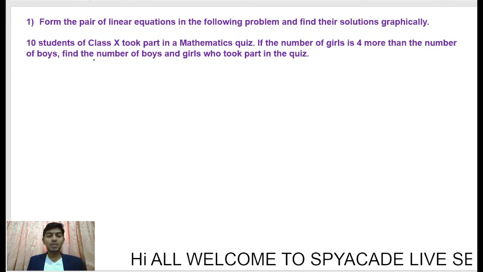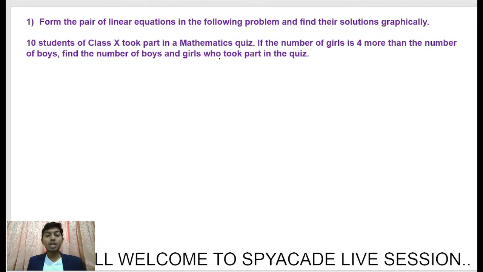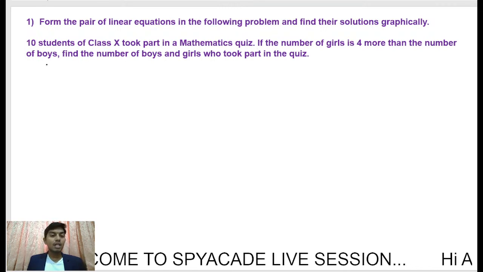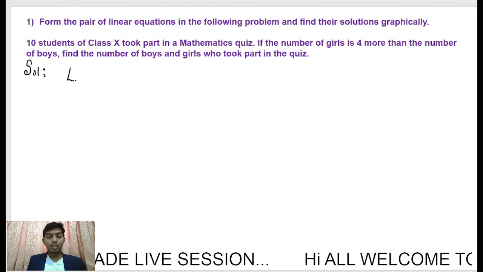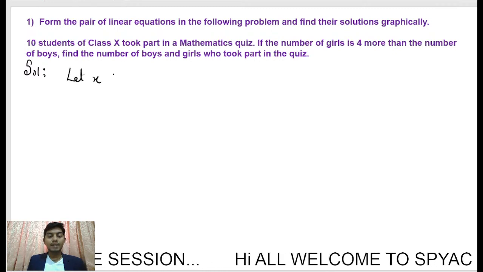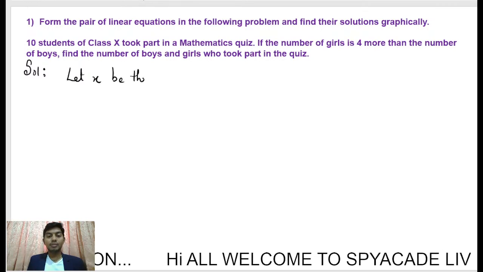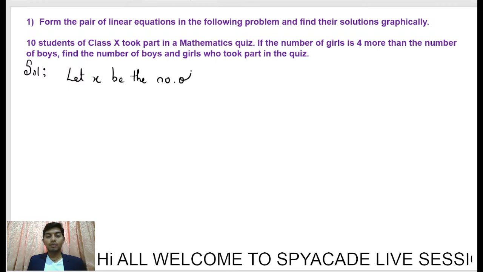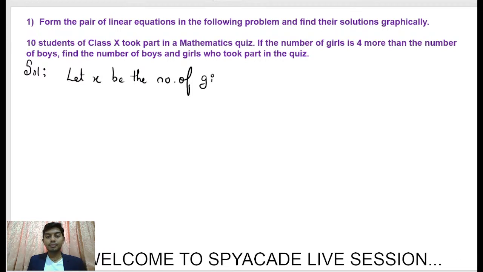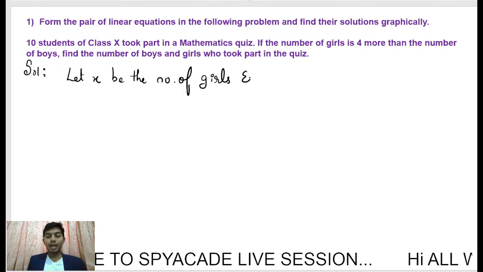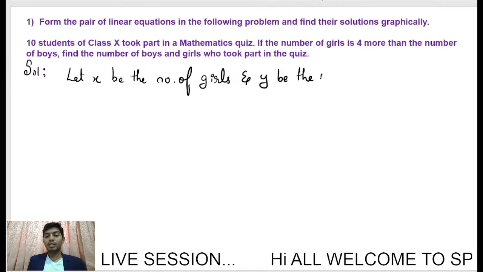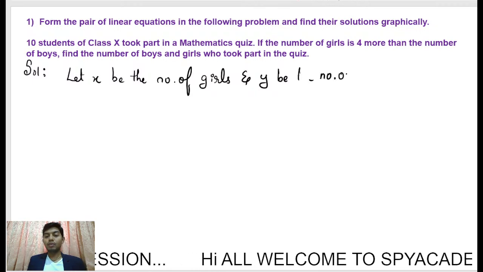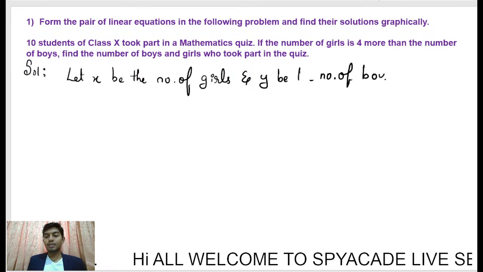So first read the first one. 10 students of class 10 took part in the maths quiz. So I'm just writing here. Let x be the number of girls and y be the number of boys.